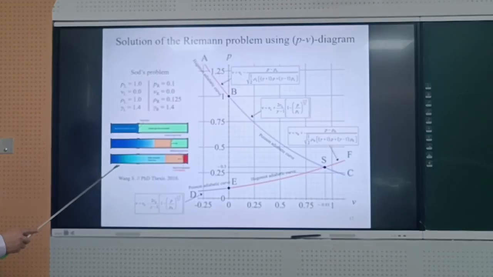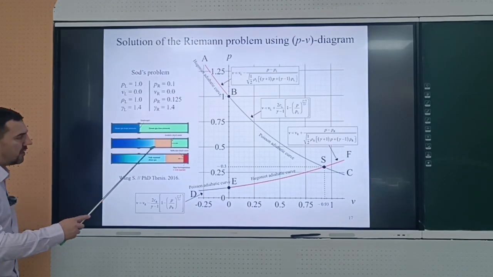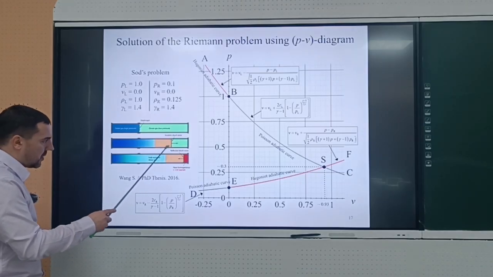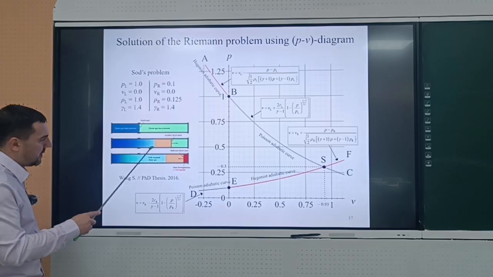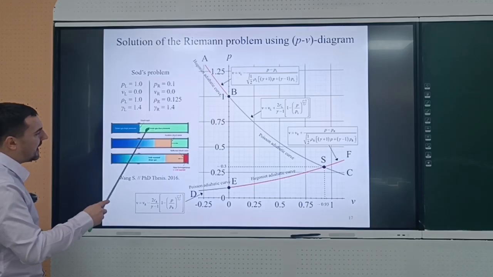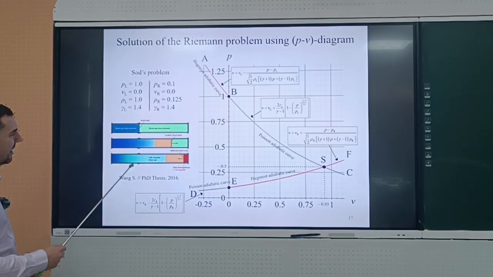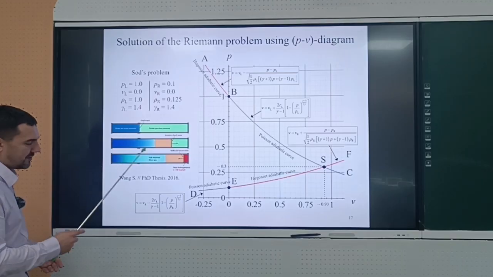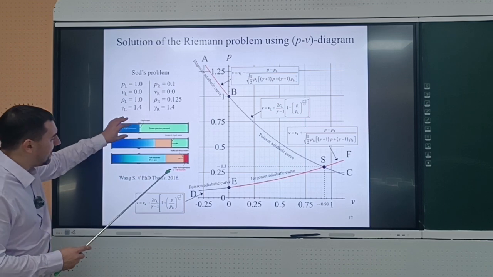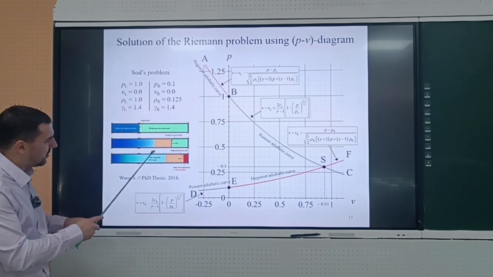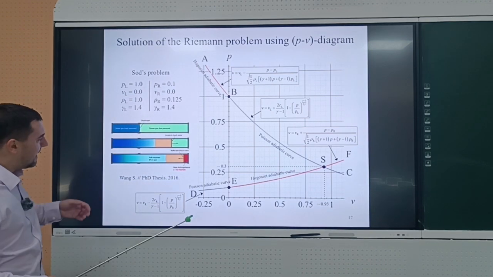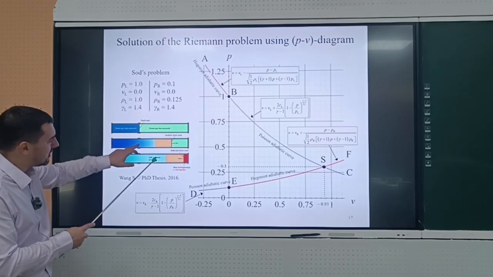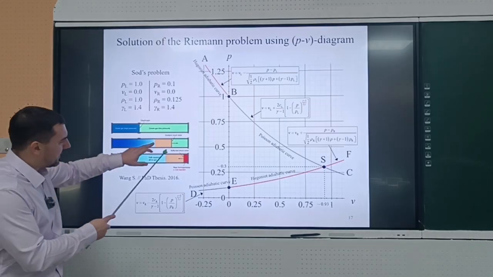Suppose that this diaphragm is ruptured, and there is some flow towards this wall, and it will have the form of a shock wave, and behind the shock wave we have a pressure rise. Here you can see some gradient in color. It's the propagation of a refraction wave, and after that the shock wave.